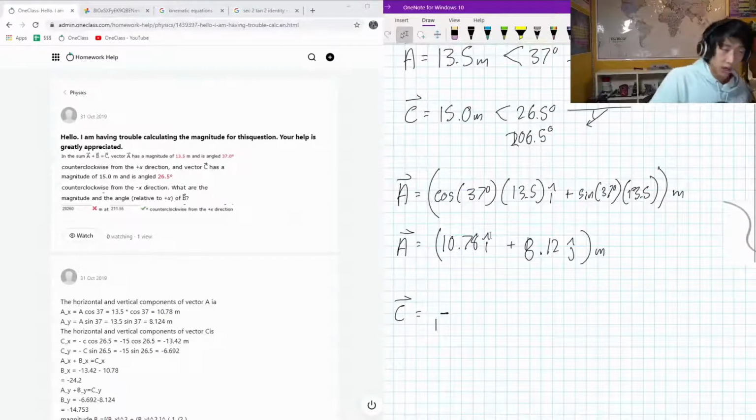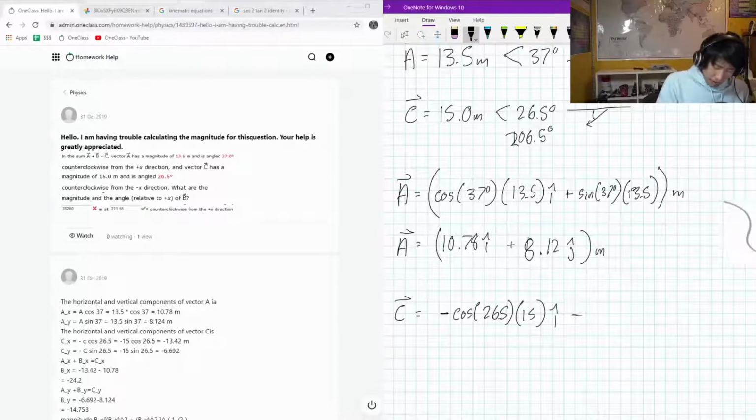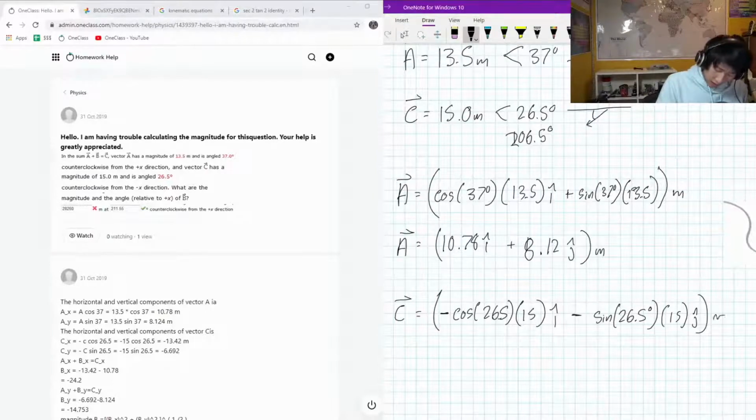So this will be cos 26.5 times 15 in the i direction, minus, because we're going towards the bottom left, sine 26.5 degrees times 15 in the j direction. And that whole thing is meters.